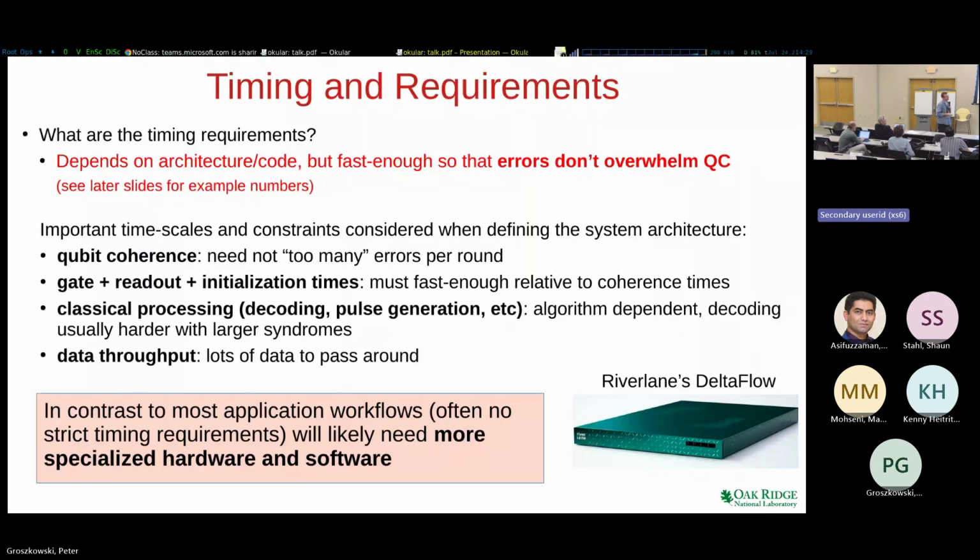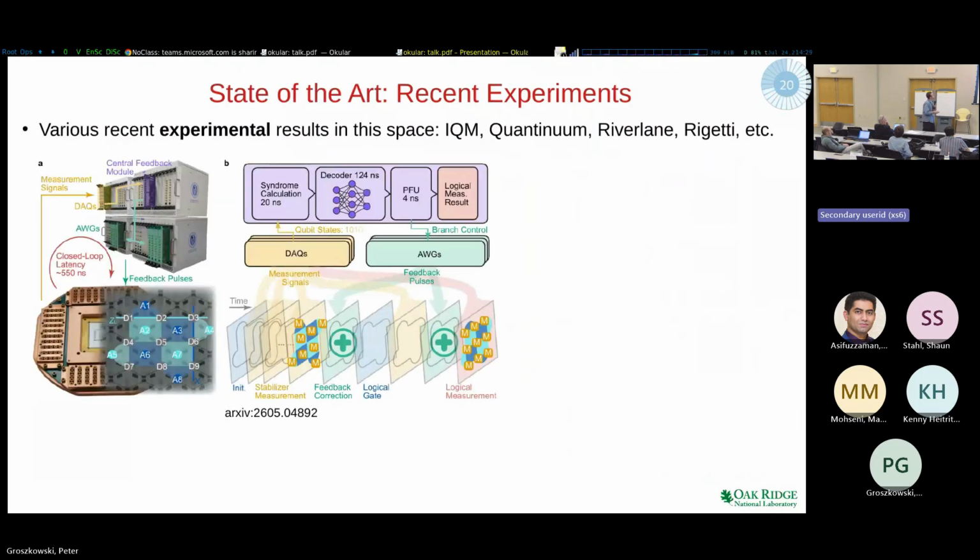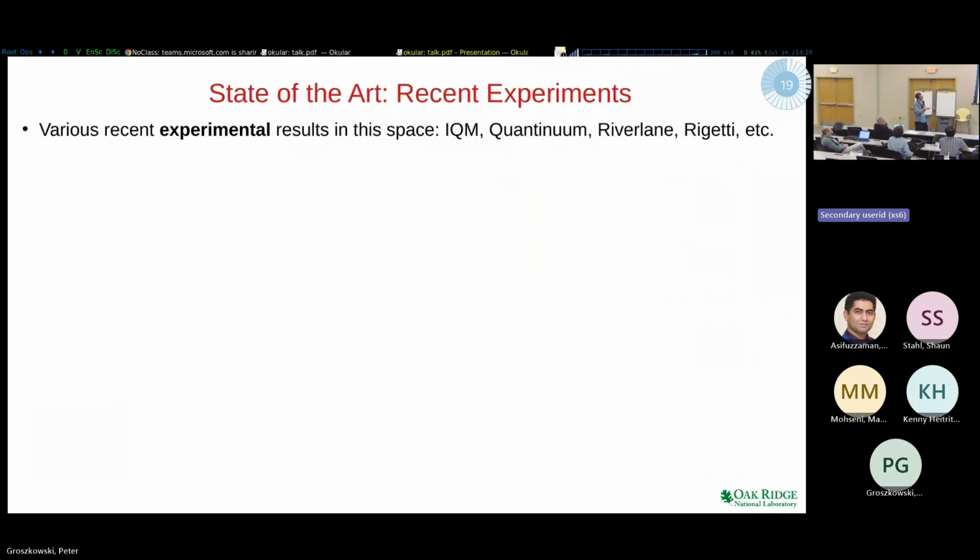I would imagine it's actually a combination of things one has to worry about: the decoding time, but also some of the other classical compute that is involved, and also the shuffling of the data around. So maybe after this slide I'll give you actual numbers of this experiment.